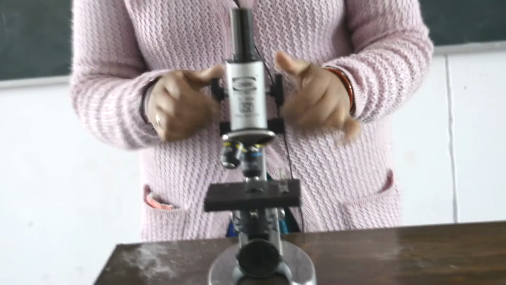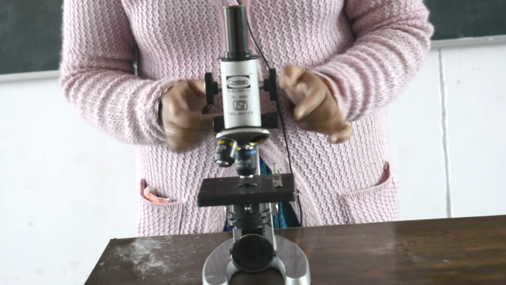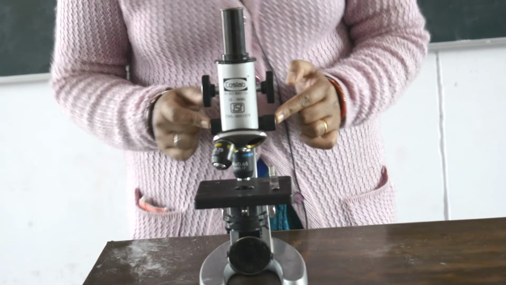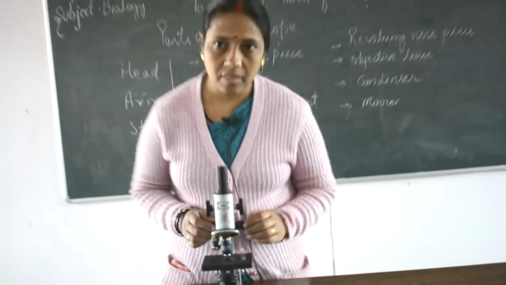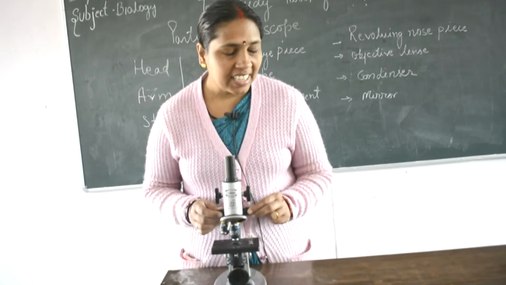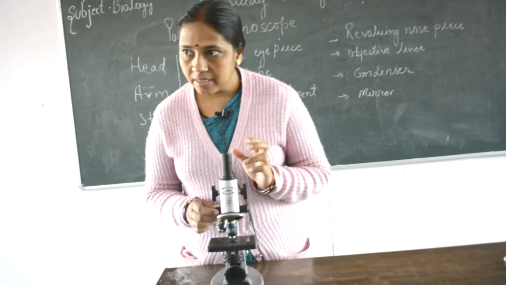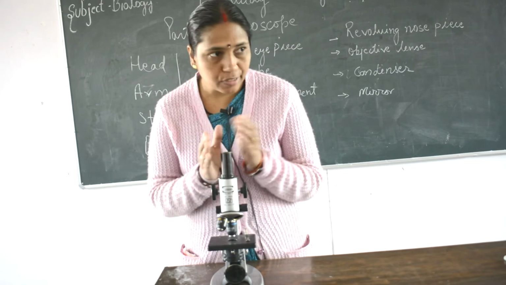Now there is one more adjustment, which is known as the fine adjustment. The fine adjustment is used to do the final adjustment. When the object is getting blurred, we shift it a little bit.